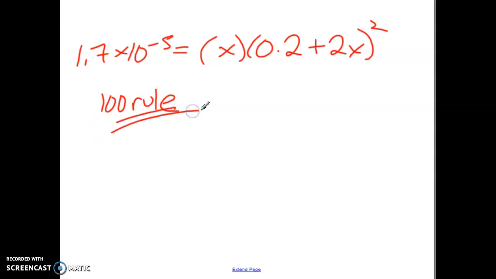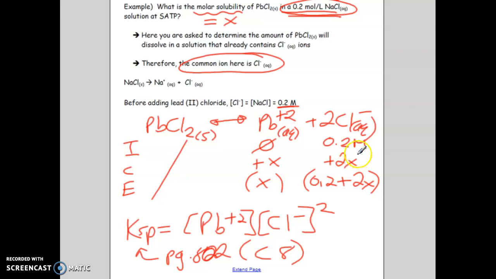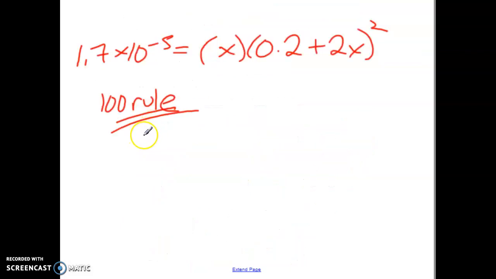This is still the same rule that we learned about before, except the only difference is instead of subtracting x, the purpose is still the same. We want to see if x is so insignificant, then we can get rid of this plus 2x. Remember, you cannot remove the x from the lead because we started with nothing. But when you have an initial concentration, we can see if we can get rid of that.